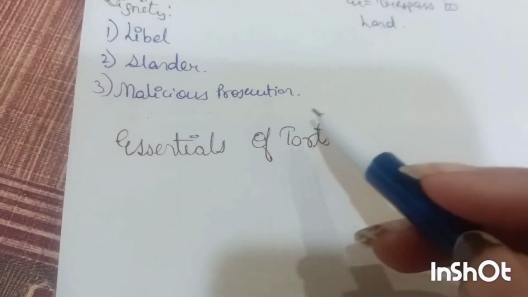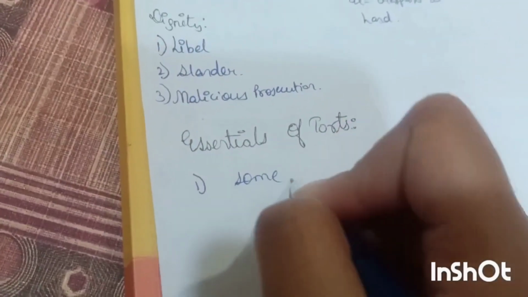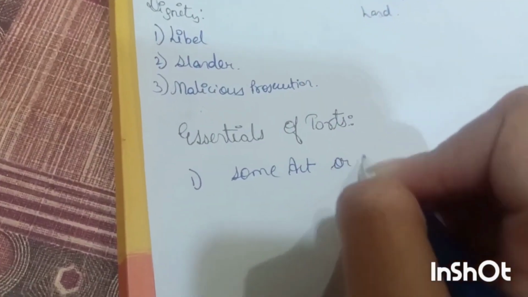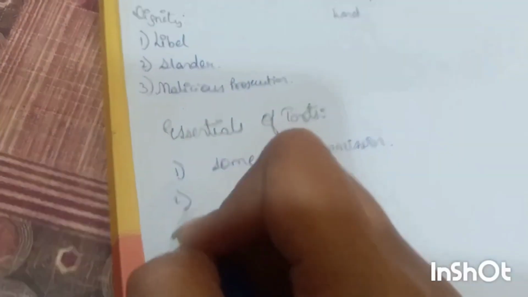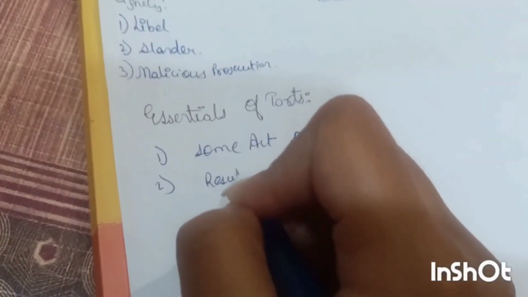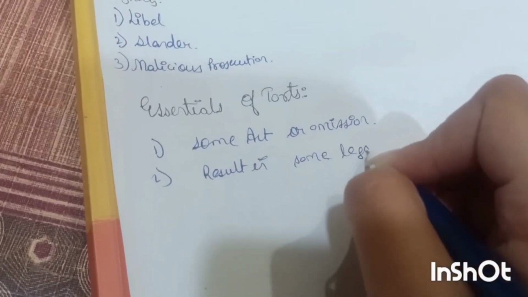So now let's see the essentials for torts. First is some act or omission, and second is that it results in some legal damage.